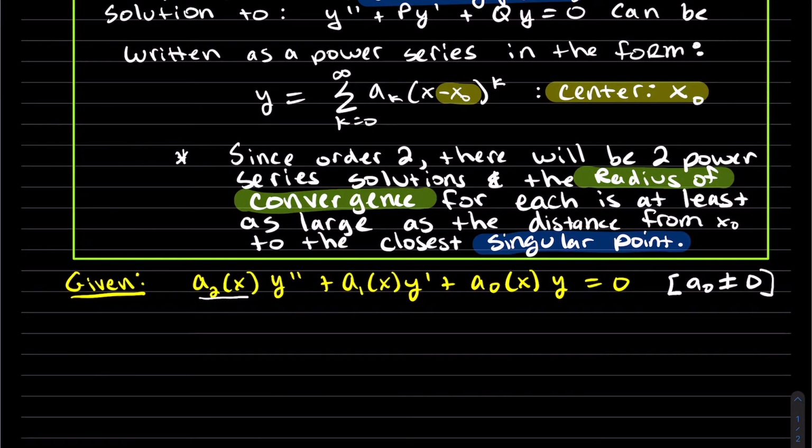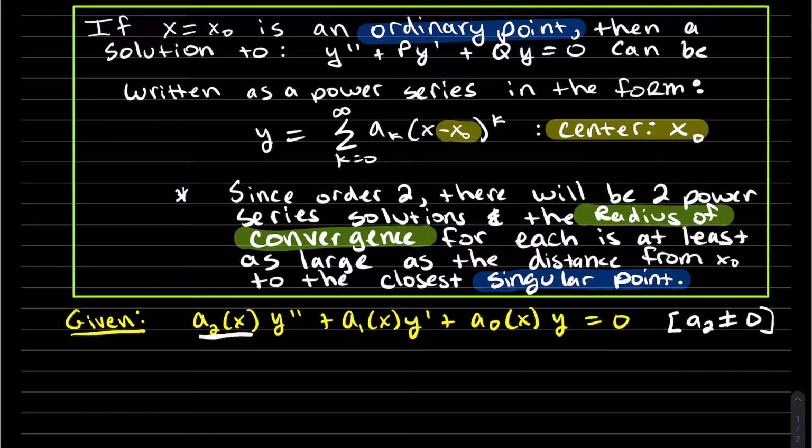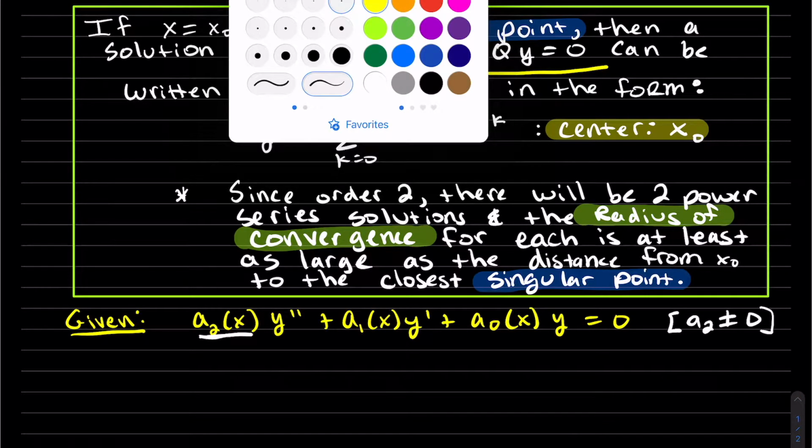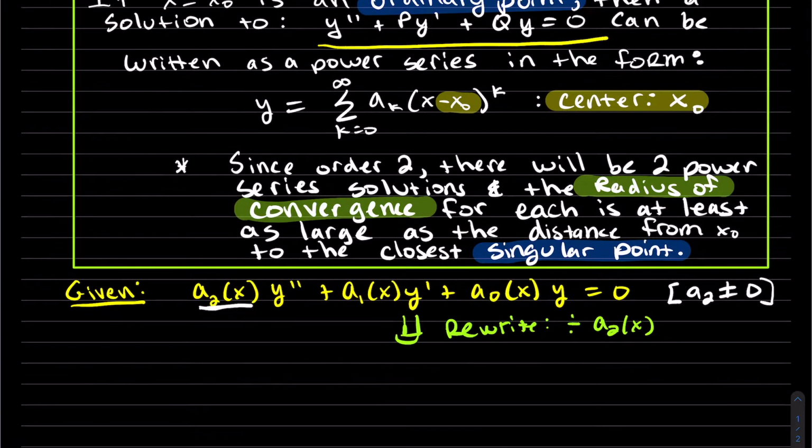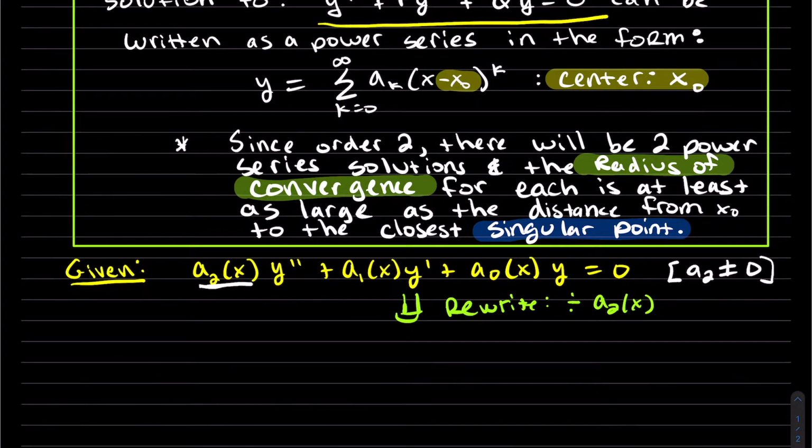So here's just a linear second order differential equation. To match the differential equation up here, we need a leading coefficient of 1. So we divide through by a2 of x. We don't need to write ratios or anything right now, because we just rewrite this by dividing by the leading coefficient, a2 of x, in every term, which can't equal 0, so we can do that.